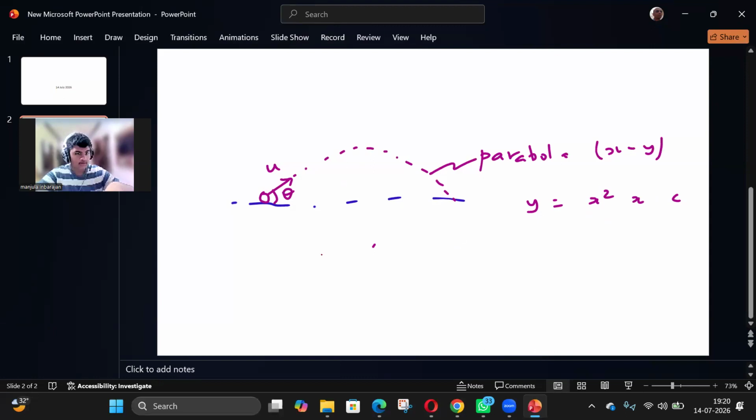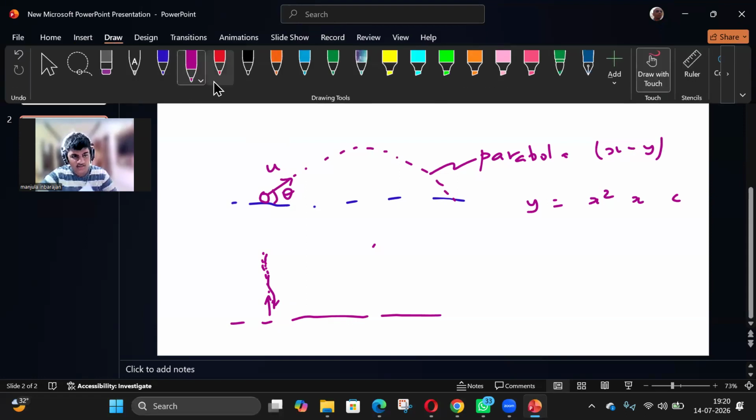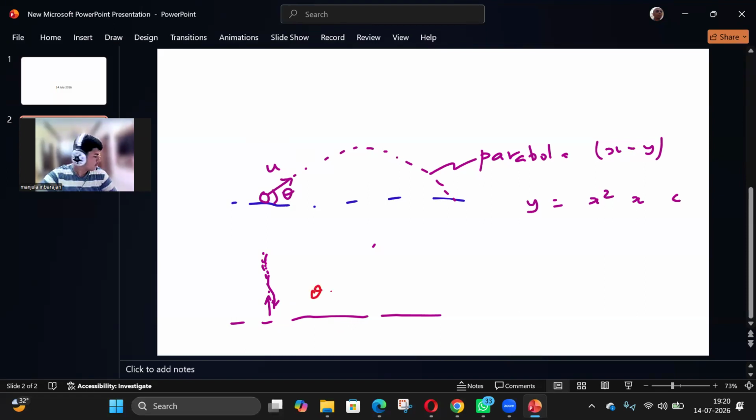But what about this motion? Suppose from the Earth's surface I throw this thing vertically up. It will go straight up and then come down. Is this a projectile motion? Yes, this is a projectile motion. It is a special case where theta is how much here?